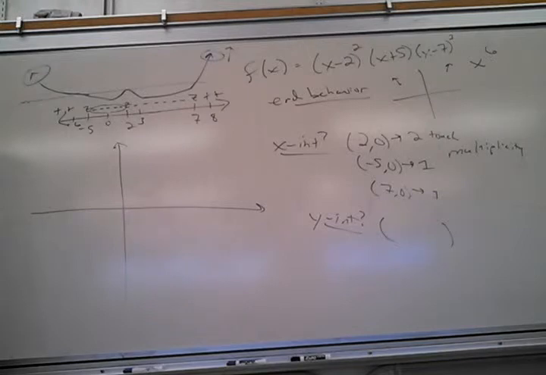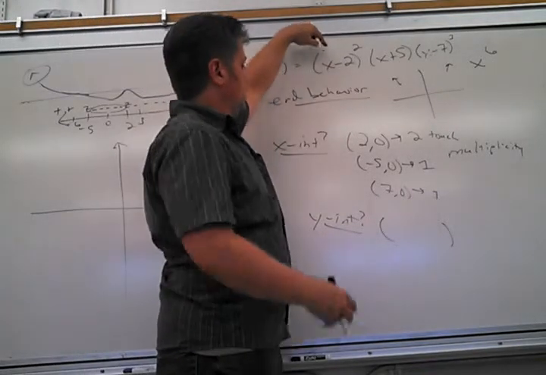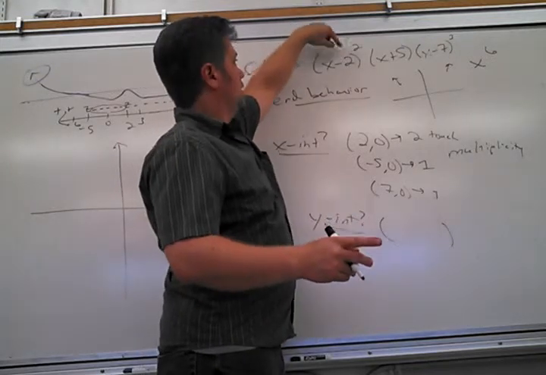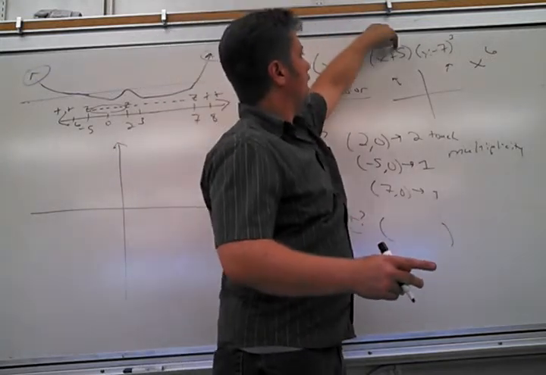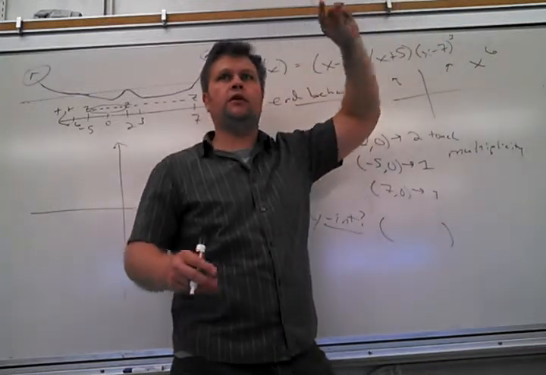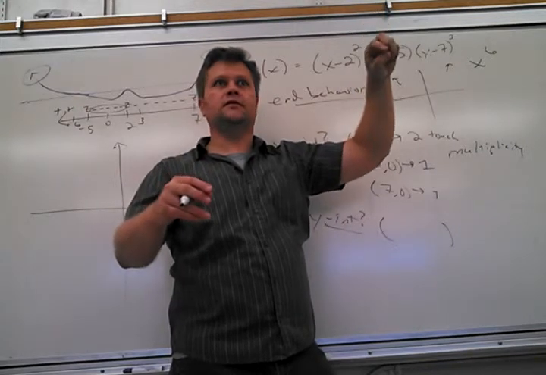Negative 6,860. How did I get that? How do you find the y-intercept? Set x equal to 0. So then you get 4 times 5 is 20 times negative 7 cubed, which I think is 343. Twice that is 686 times 10 is 6,860. It's negative.